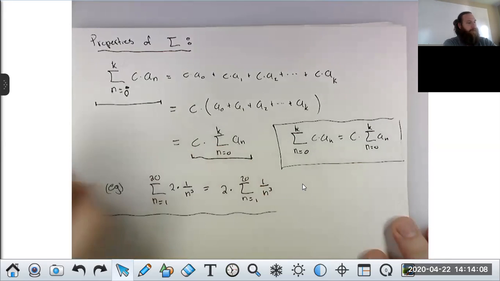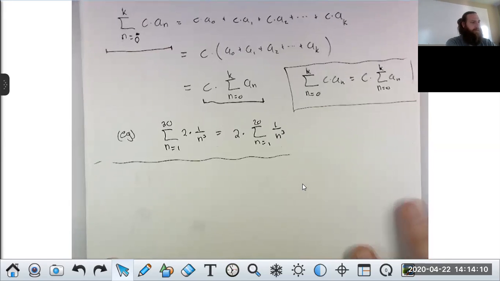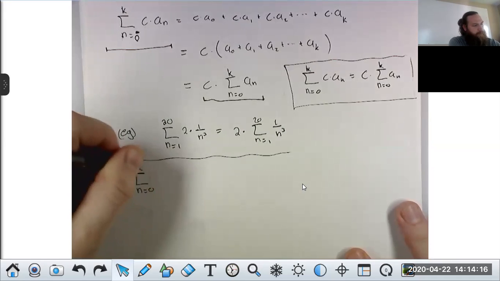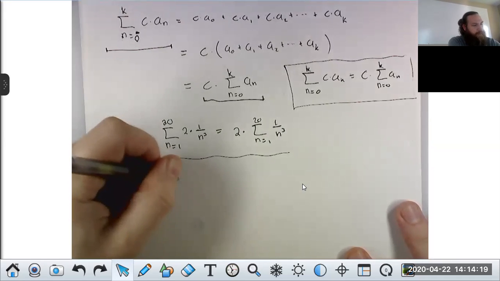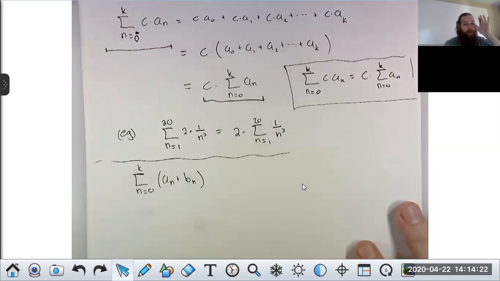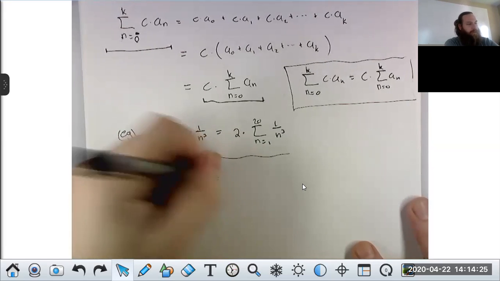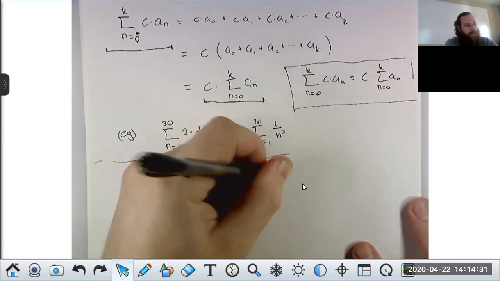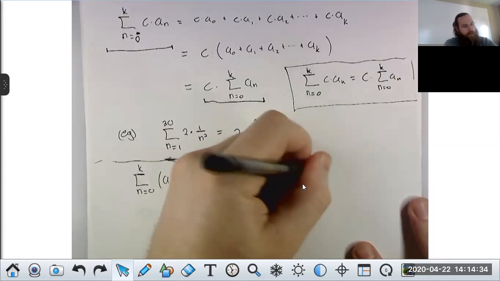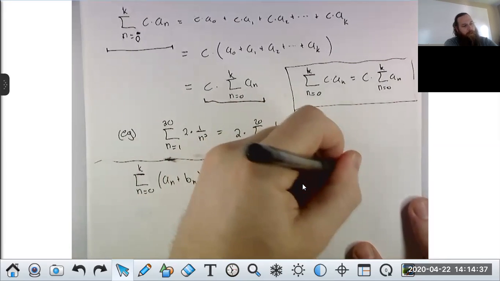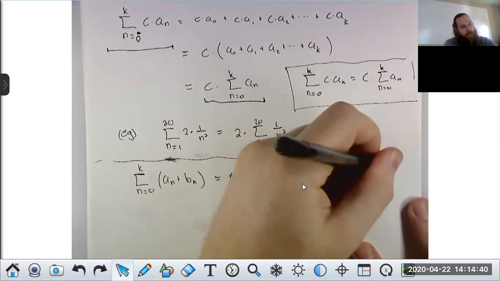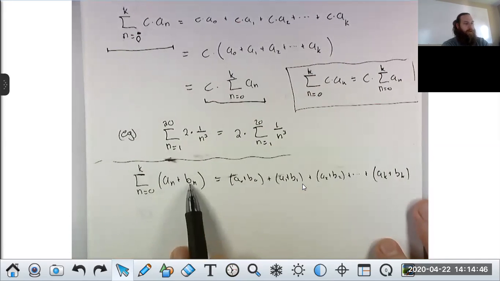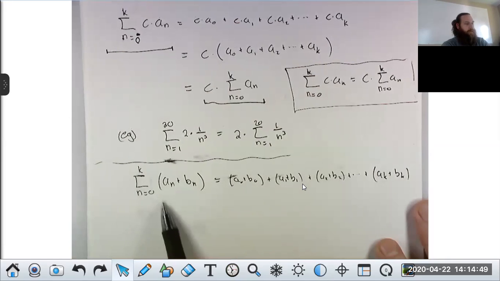The next important property is additivity. If I have the sum from 0 to k or whatever of two sequences inside there, we all know it's a_0 plus b_0 plus a_1 plus b_1 plus a_2 plus b_2 plus all the way out to a_k plus b_k. Right? Because I'm taking whatever's in here and adding those up as n runs from 0 to k.